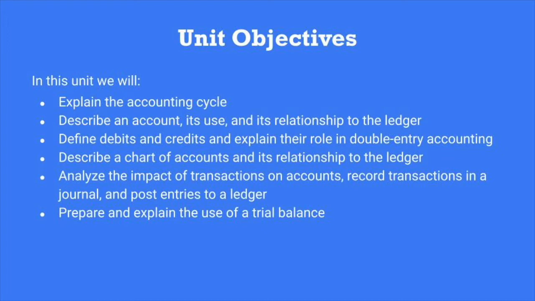And we're going to analyze the impact of transactions on these accounts, such as what we do when we record transactions in a journal and post these entries to the ledger. And then we're going to prepare and explain the trial balance, which is used in order to complete the accounting cycle and build the next balance sheet for the company that would occur at the end of the accounting cycle.